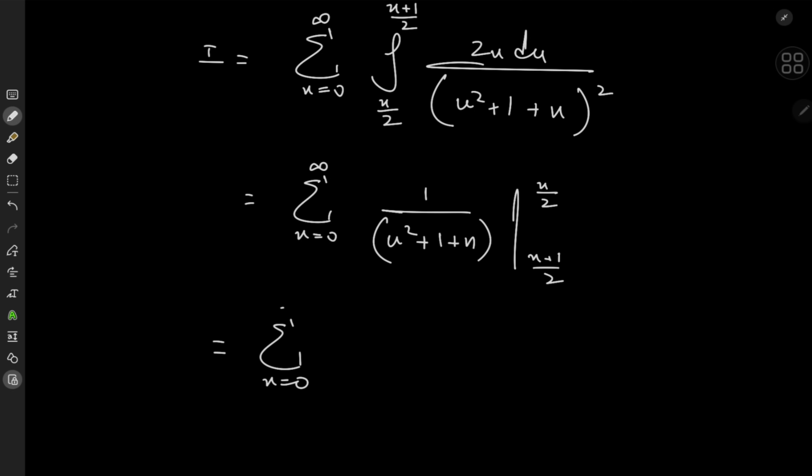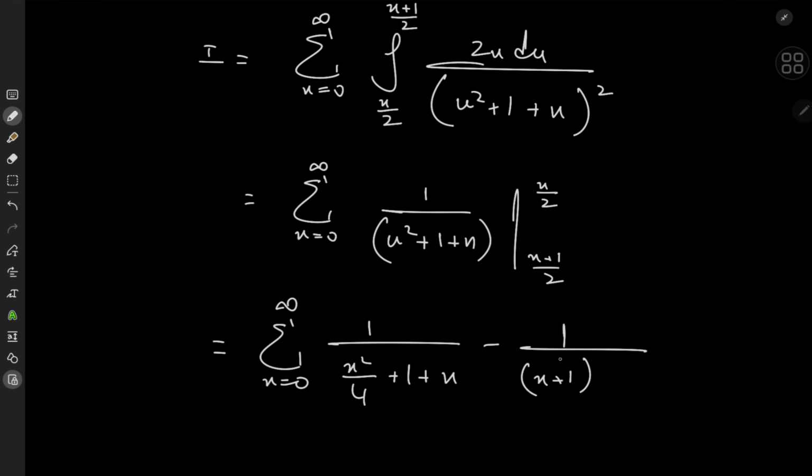Simplifying or expanding gives us the sum of what exactly? We have 1 over n squared over 4 plus 1 plus n minus 1 over n plus 1 squared over 4 plus 1 plus n.